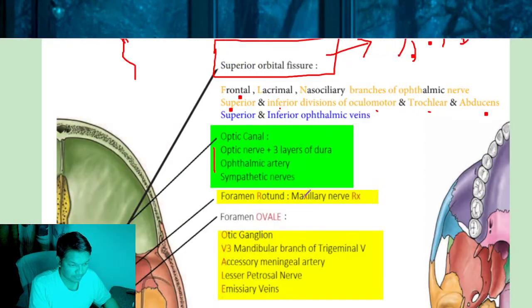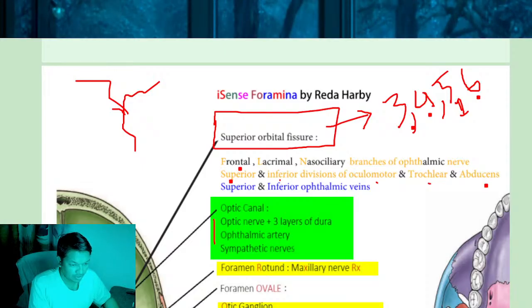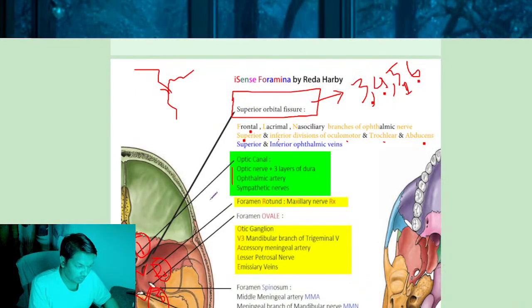Now again, the same thing. Already we have finished, but it is more organized, according to location. This is the superior orbital fissure. You know the content of the superior orbital fissure? 3, 4, 5, and 6. Which branch of 5? V1, ophthalmic.